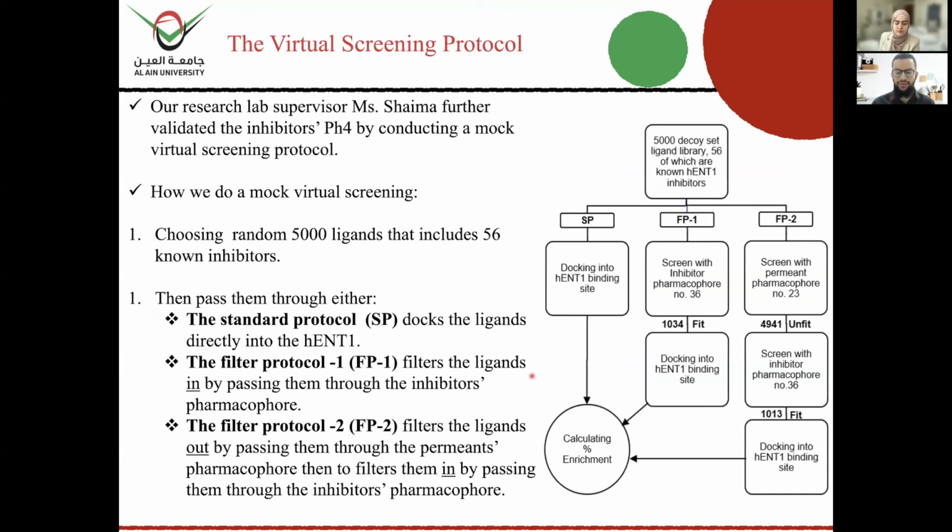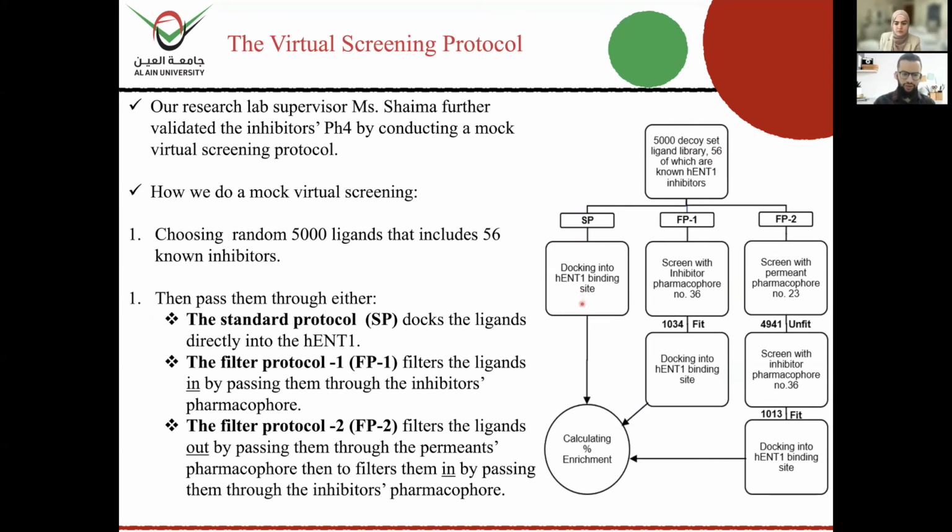Furthermore, the permeant and the inhibitor pharmacophores were further validated using the virtual screening technique, which allows us to test them not only theoretically but also practically. This process was preceded by the following: 5,000 ligands, including 56 known inhibitors, were chosen, then passed through one of these three protocols.